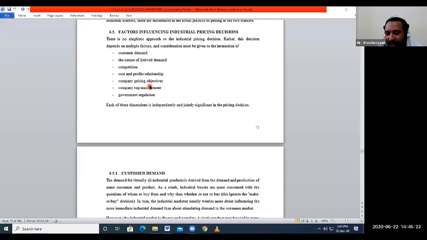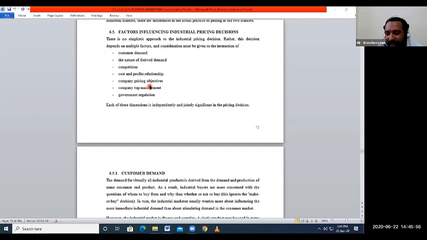So in this case, we have to consider the top management expectation, the top management will and wish to incorporate in the pricing strategy. So the company's top management is one of the factors that influence the price. And government regulation, sometimes government may set the pricing or different regulation, business regulations, tax regulation.